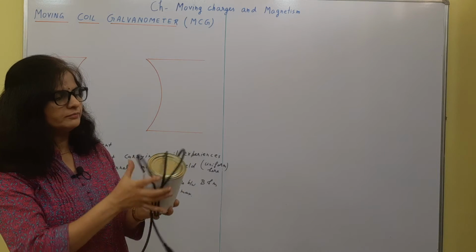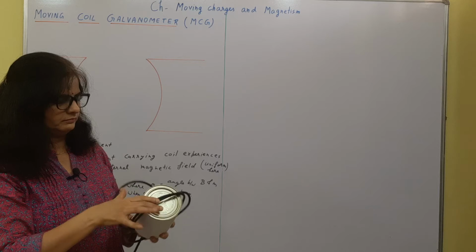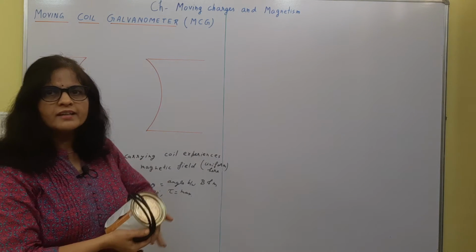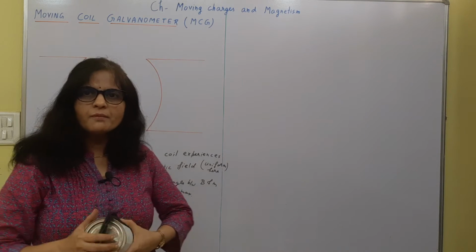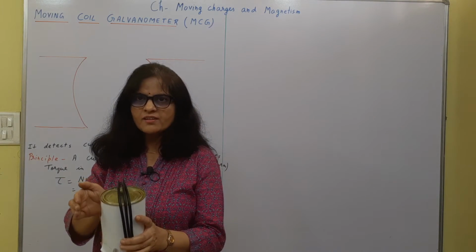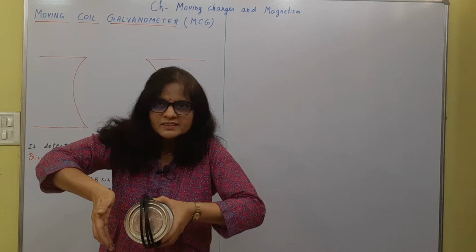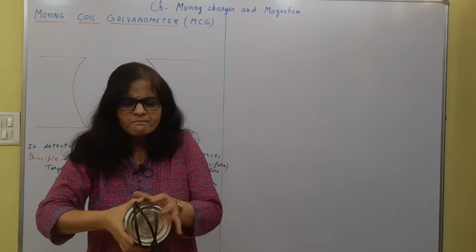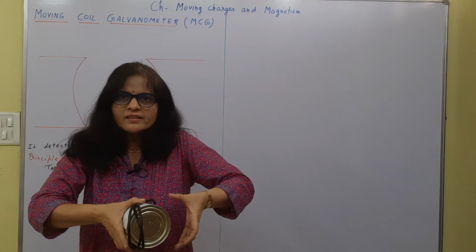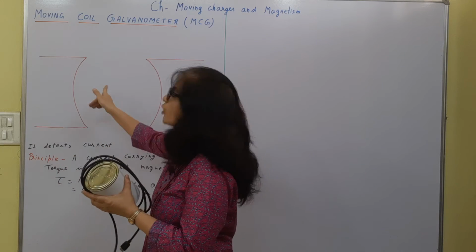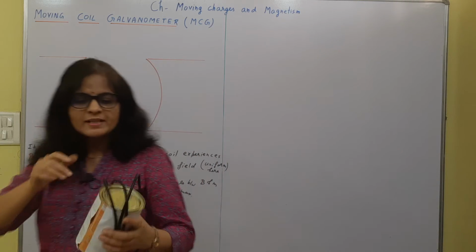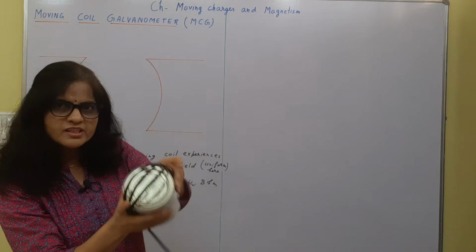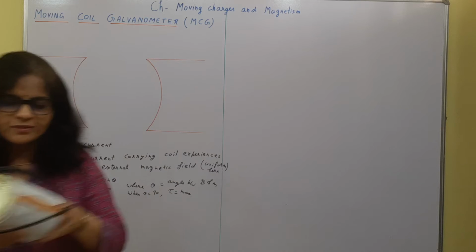And if we have cylindrical magnets around it like this, its top view will look like this. The cylindrical magnet on this side will be like this, and this side will be like this. So I am showing here the top view, right? So here this is a cylindrical soft iron core on which the winding of this wire is there, right?